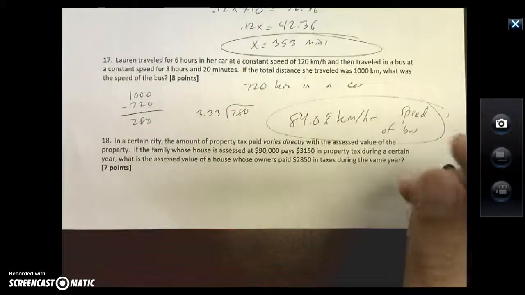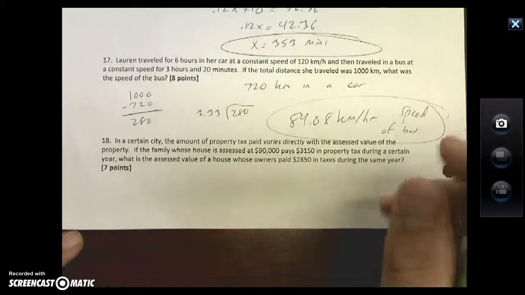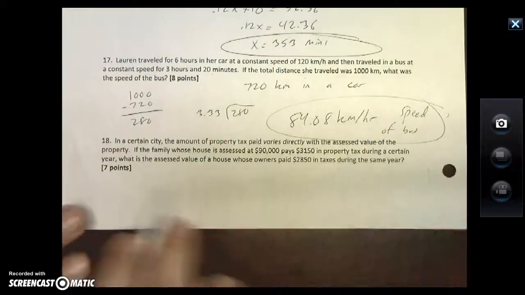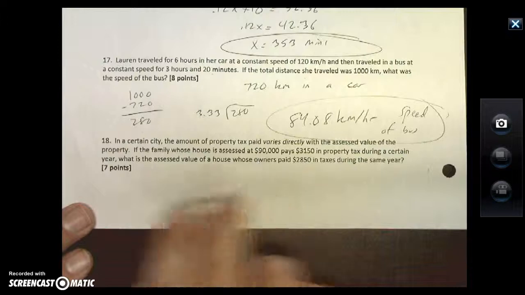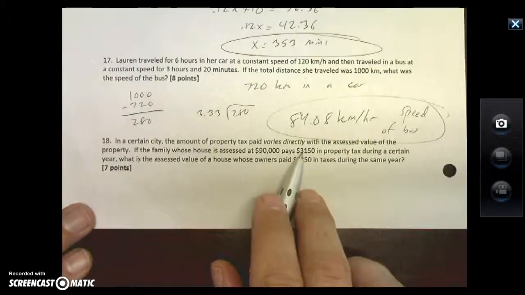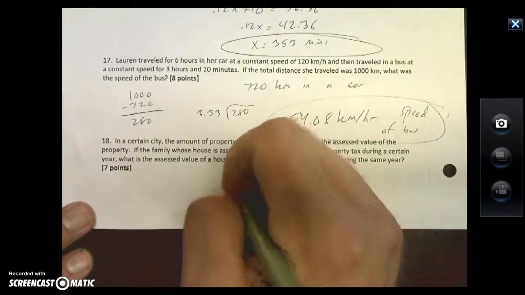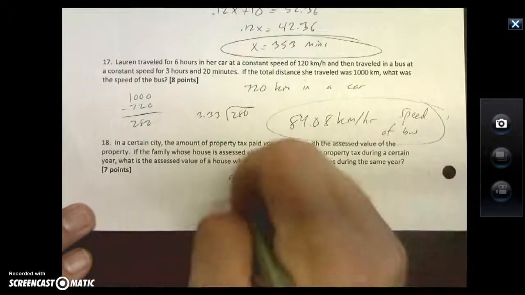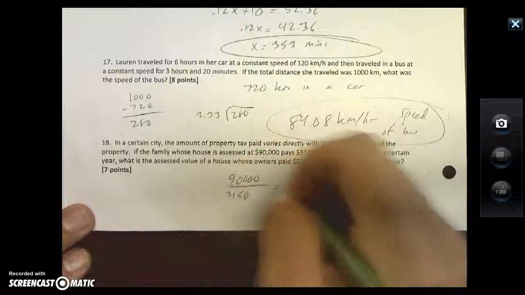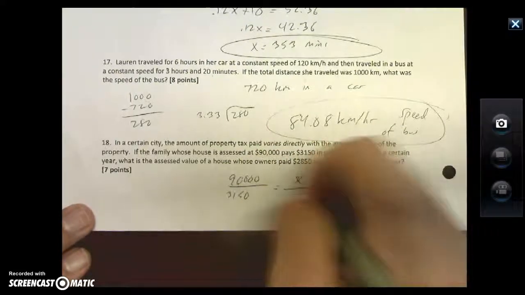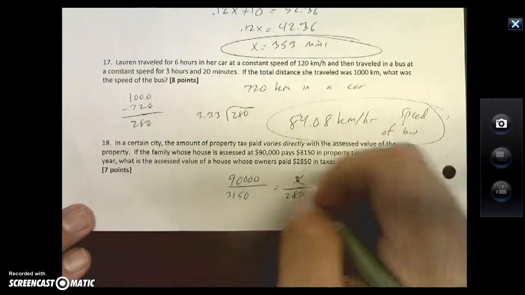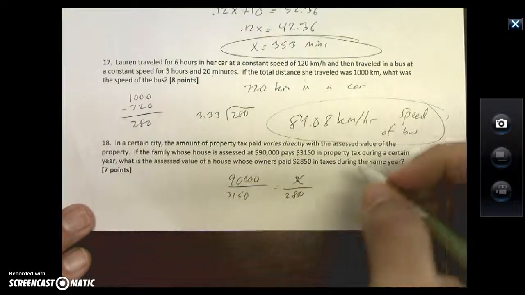Okay. And lastly, again, I think this might be the third time you've seen this problem. Hint, hint, nudge, nudge. You might see it again. Property value. One family's house is assessed at $90,000 and pays $31.50. The other house pays $28.50. Set up your proportion. Oops. X goes on top. Alright.